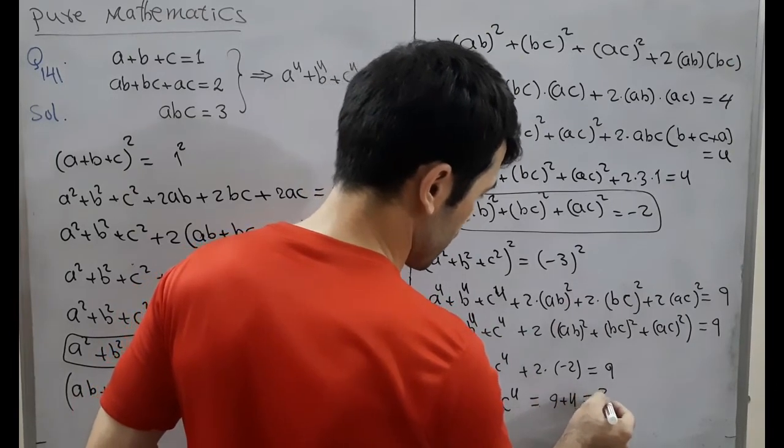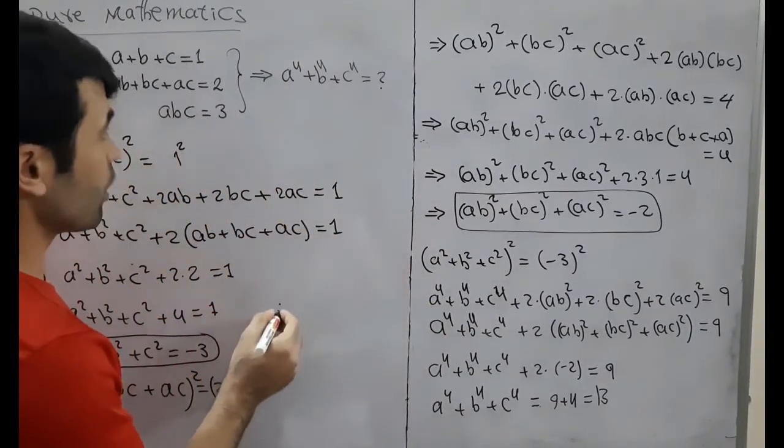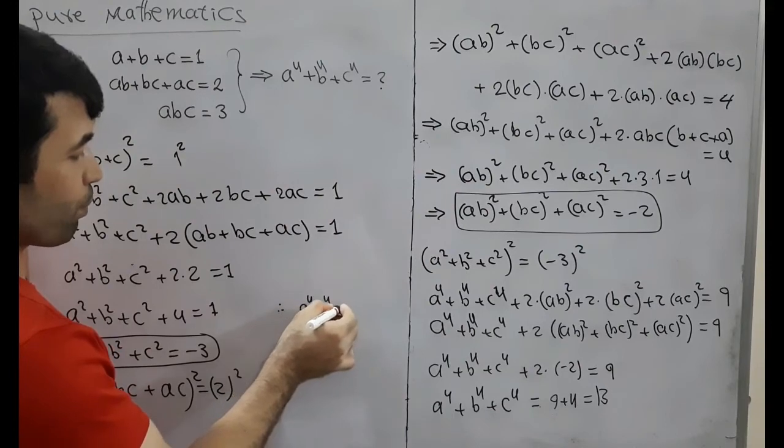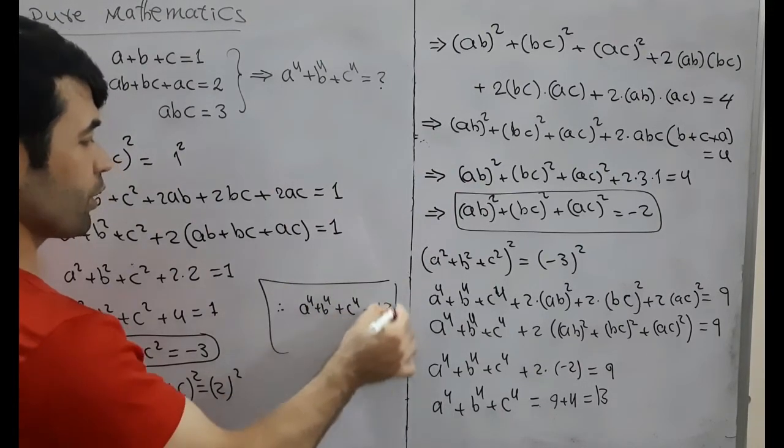It is equal to 13. Therefore, the answer is a to the power 4 plus b to the power 4 plus c to the power 4 is equal to 13. It is the solution of this question.